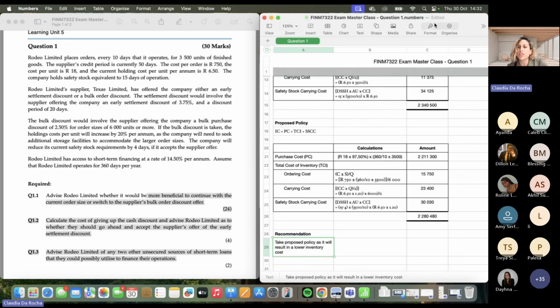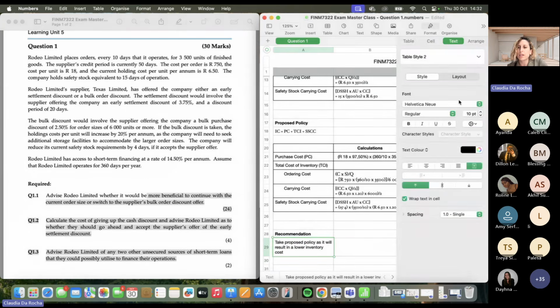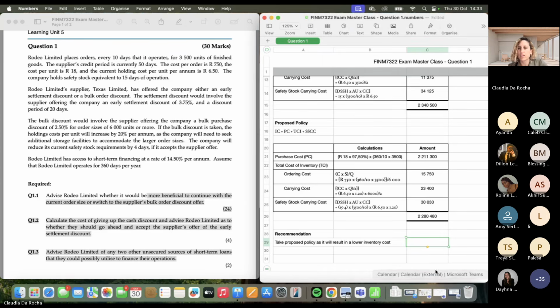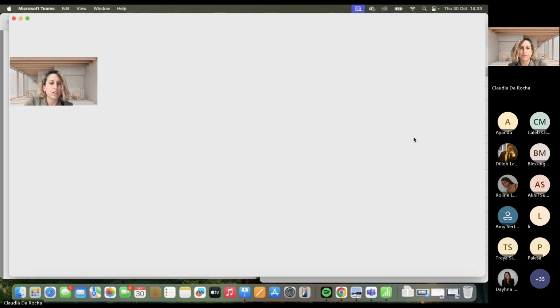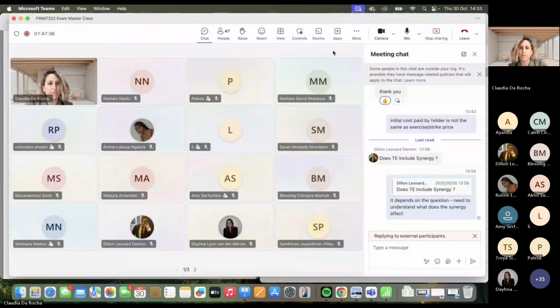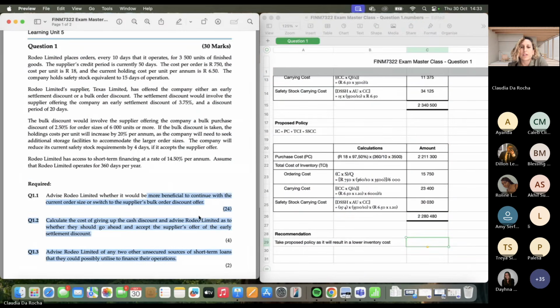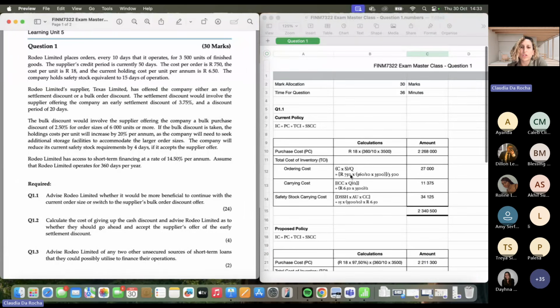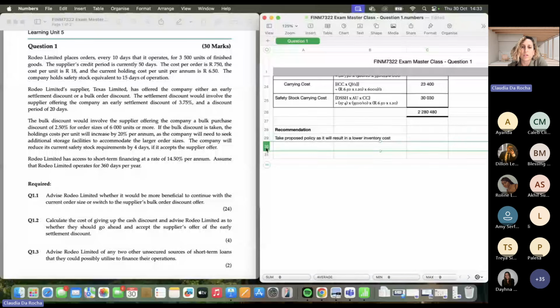I'm going to take the proposed policy because it is lower: 2,280,480 versus 2,340,500. Any questions there? Okay, perfect. That was question 1.1. Let's go on to question 1.2.